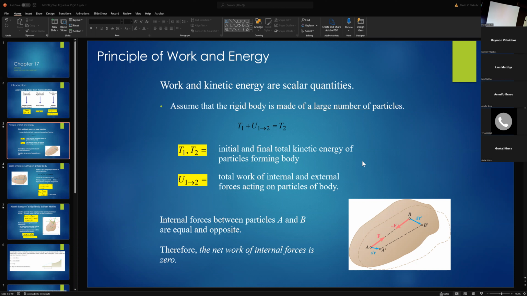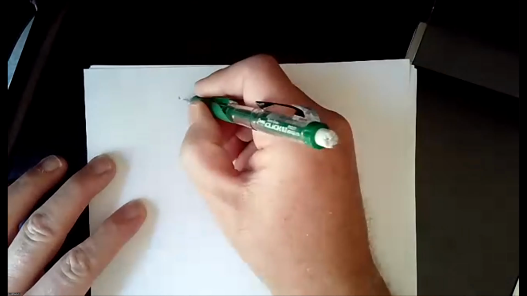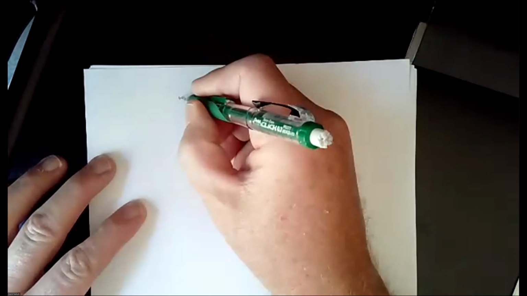If we look at this next slide, this is what I was wanting to get at. If you recall, when we dealt with force times distance, we know that if we have a single particle going from here to here, and this is my initial state T1, and then I add force times distance, that would be my U1 to 2, right?